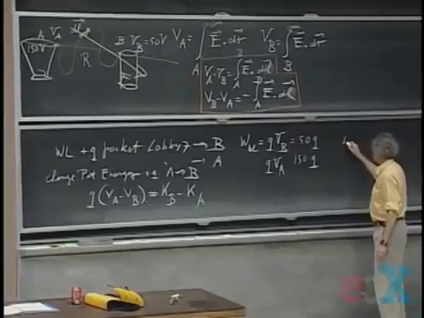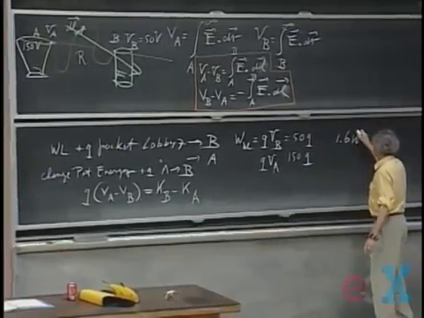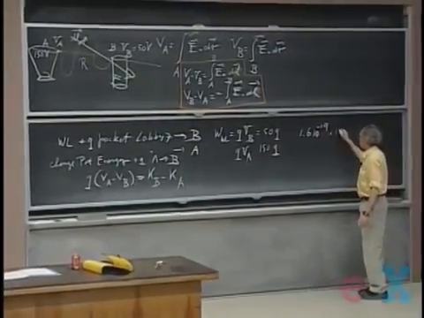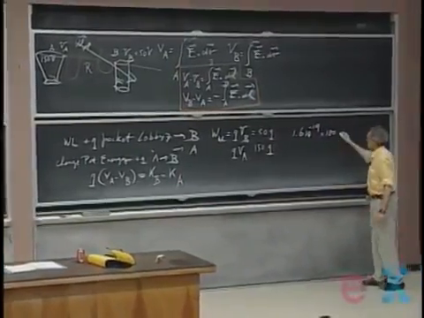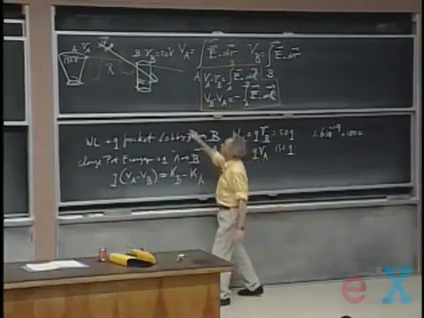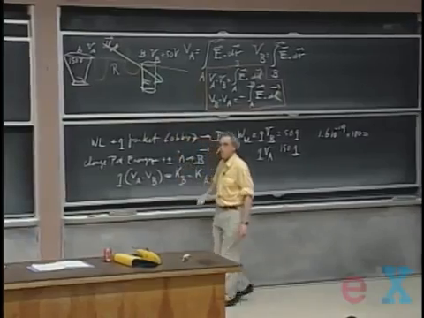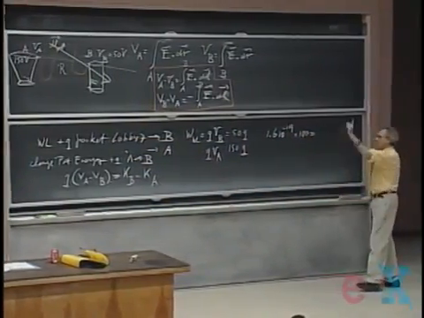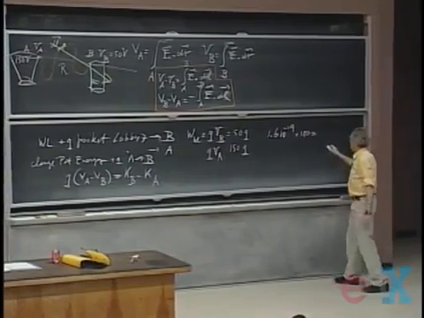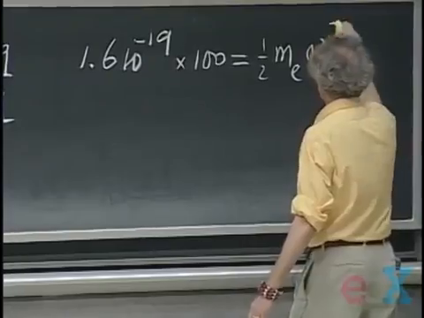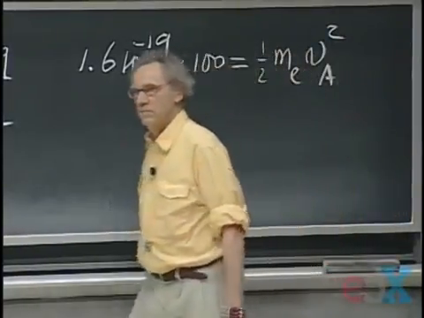Well, the charge of the electron is 1.6 times 10 to the minus 19 coulomb. The potential difference is 100 volts, and that is the difference in kinetic energy. If I assume that I release the electron at zero speed, then I have immediately the kinetic energy that it has at point A, which is 1/2 m of the electron times the speed at A squared.